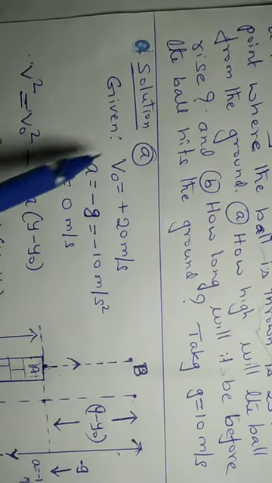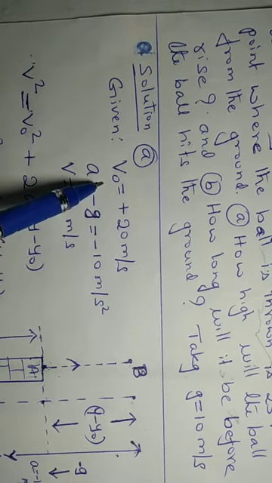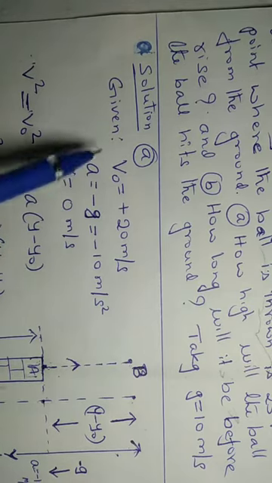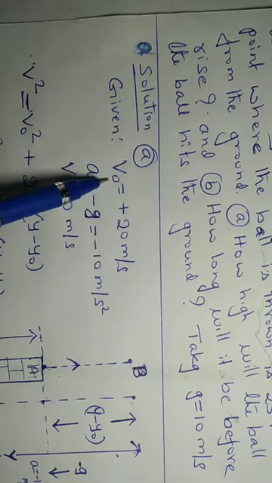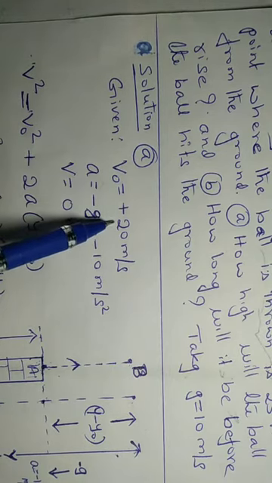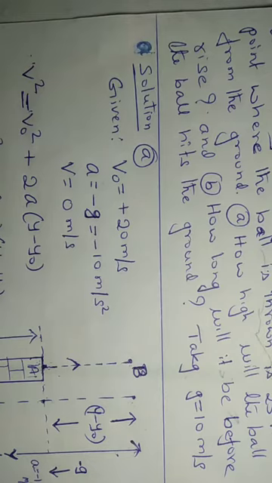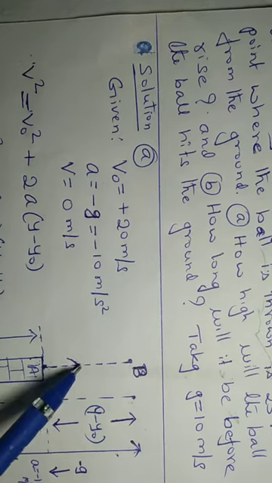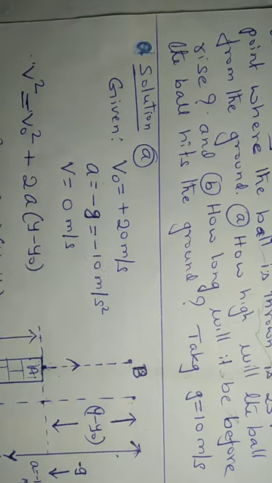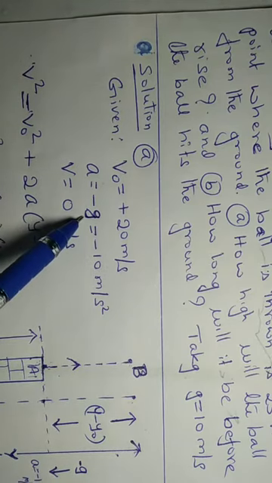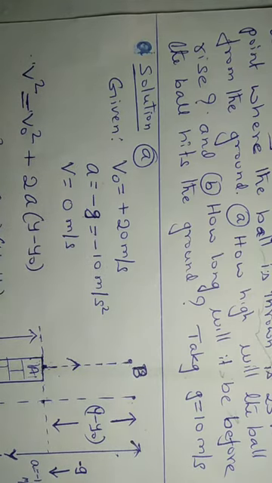So given: the velocity with which the ball is thrown is the initial velocity v0, that is 20 meter per second. When the ball is thrown, the ball will rise. In that time, the acceleration due to gravity is downward.